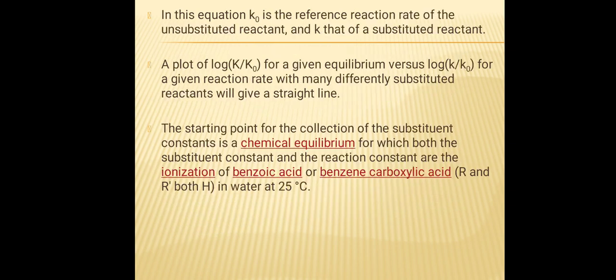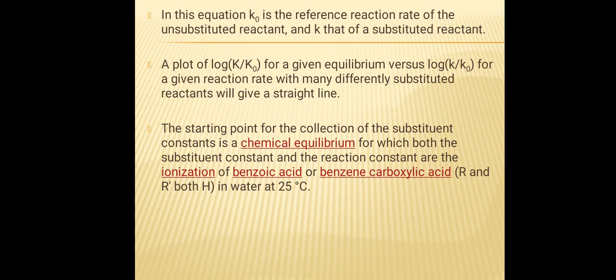In this equation, K0 is the reference reaction rate of the unsubstituted reactant and K is that of the substituted reactant. That means you have to take the unsubstituted reactant and the substituted reactant.